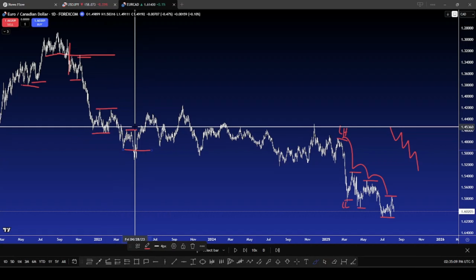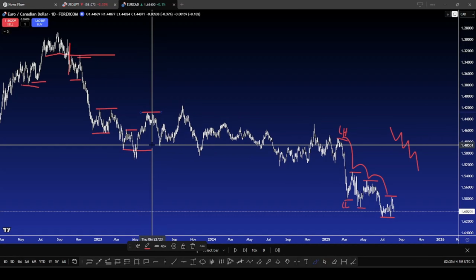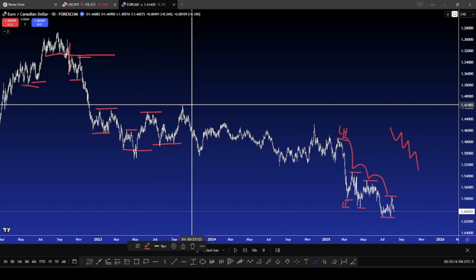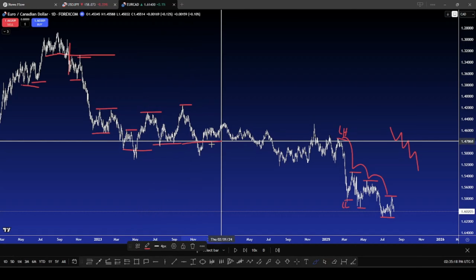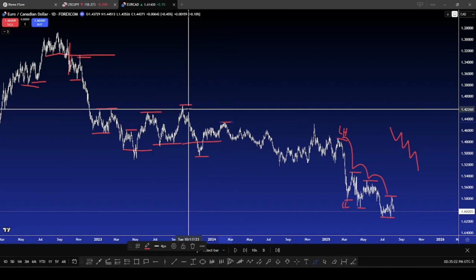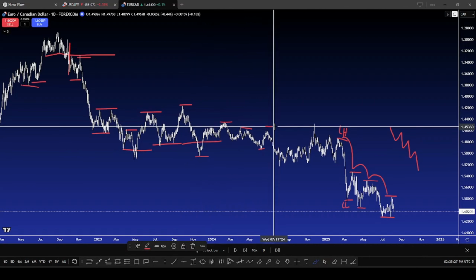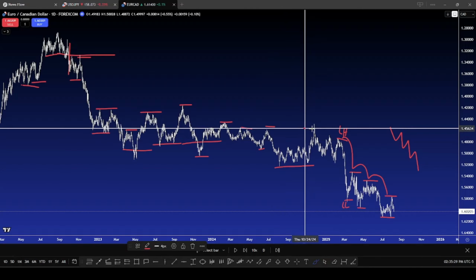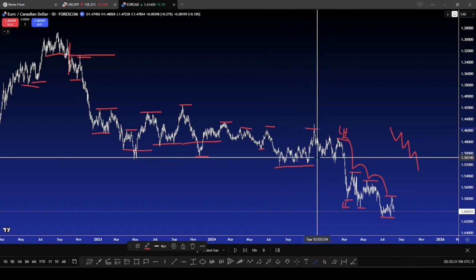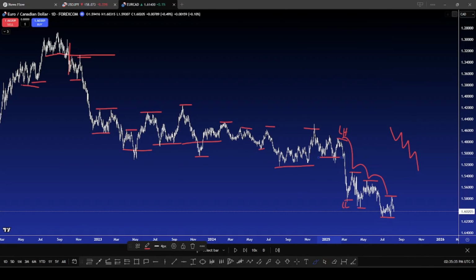Then all of a sudden, we break above the high, so now we've got higher highs, higher lows, higher highs. Then we break below this low, so now we've got a lower low, and then a lower high. You can see it. Lower highs, lower lows, and this is a higher low, but eventually we break and keep going lower.